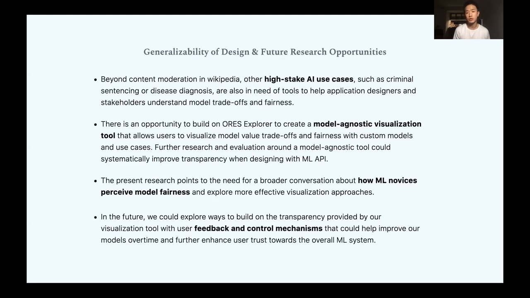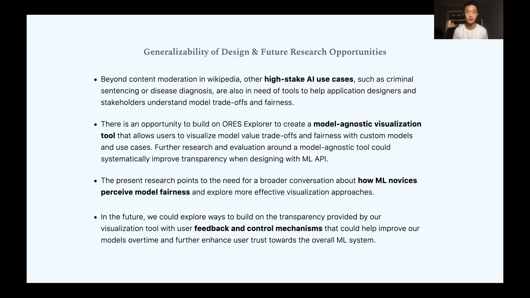Generalizability of design and future research opportunities. First, beyond content moderation in Wikipedia, we noticed there are a lot of other high-stake AI use cases, such as criminal sentencing or disease diagnosis. And those use cases are really in need of tools to help application designers and stakeholders to understand model trade-offs and fairness.